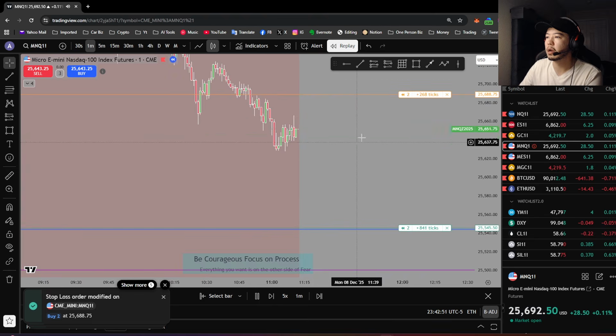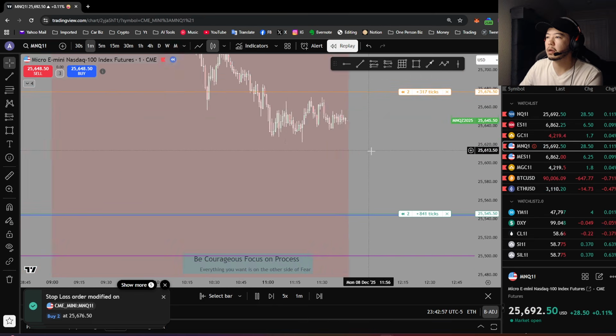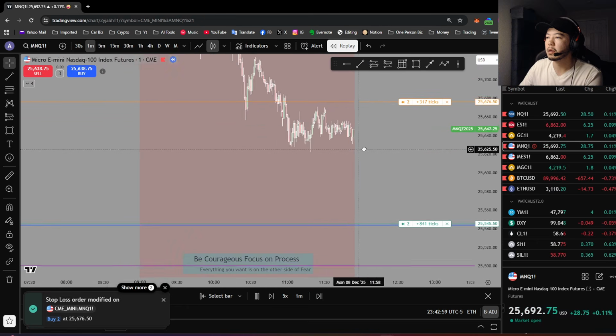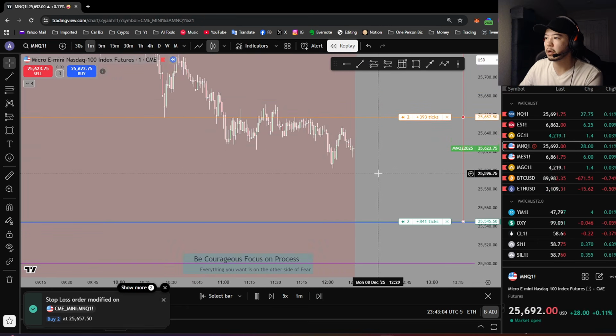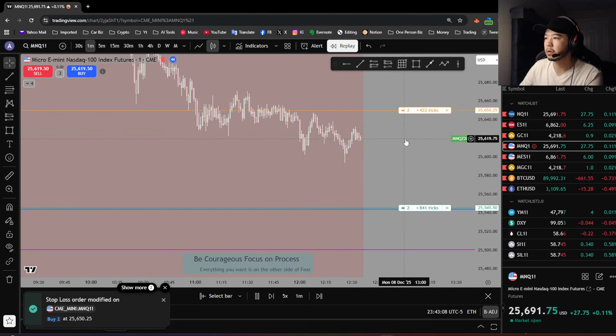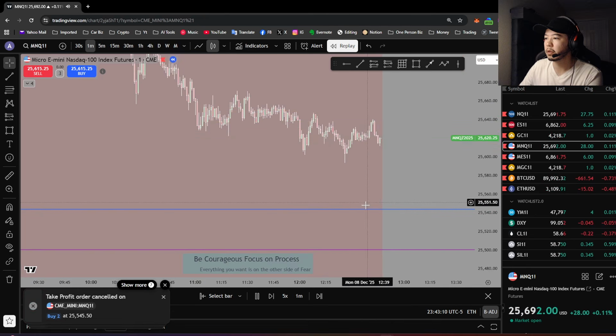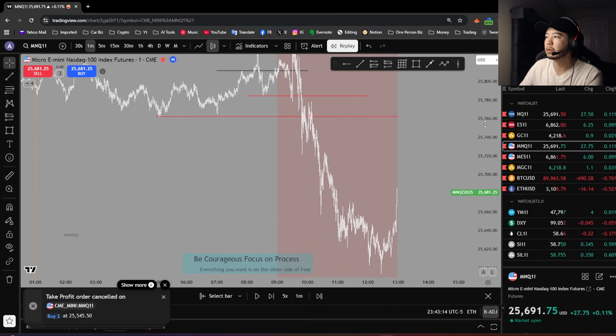Another swing high, another swing high. Let's see. Another swing high, another one, there it is, and we are done with that trade.